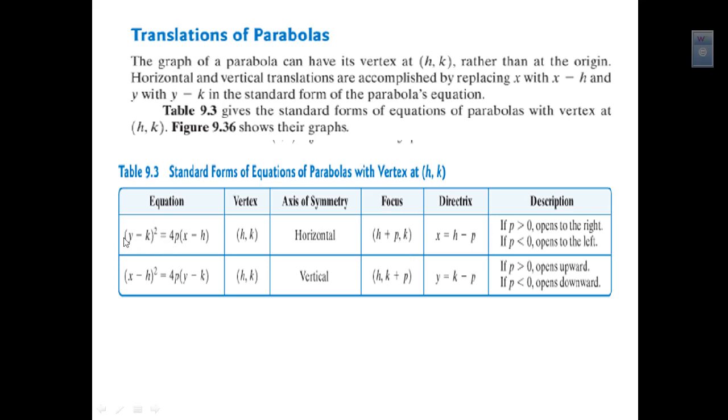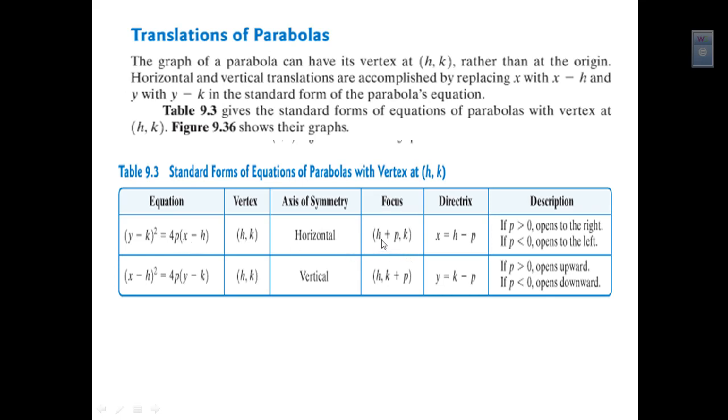So for instance, if I have (y minus k) squared equals 4p times (x minus h), I know I'm going to start at (h, k). That's going to be my vertex. Once I know what p is, I can determine which way I'm going to go based on where it's opening, and p being how far it needs to go.